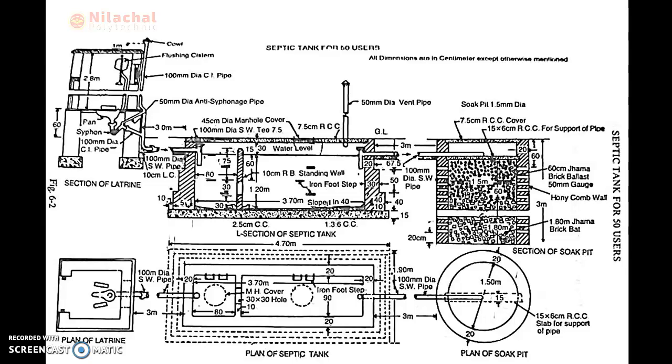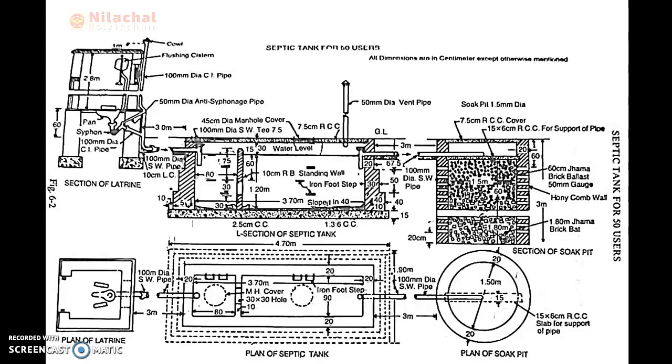In the case of the septic tank, 2 manholes are provided, and the iron footstep is provided, and 2 MS covers are provided. A 10 centimeter standing wall, RB standing wall, is also provided, which is shown in the section of the septic tank.